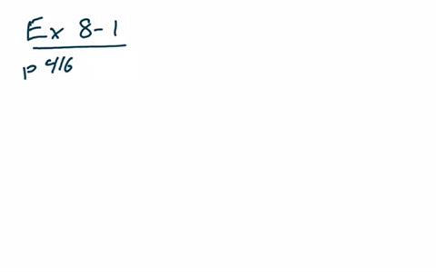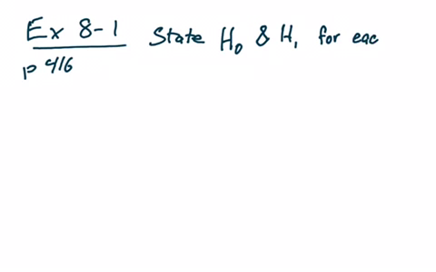It says to state the null hypothesis and the research hypothesis. I'll refer to these by their notation, H subscript 0 and H subscript 1. Part A: a researcher studies gambling in young people. She thinks those who gamble spend more than $30 per day.